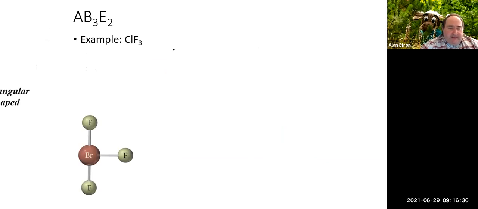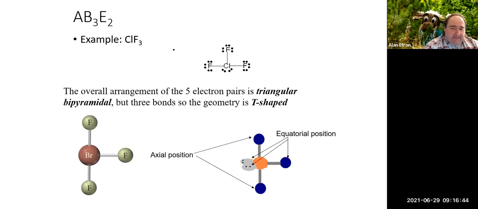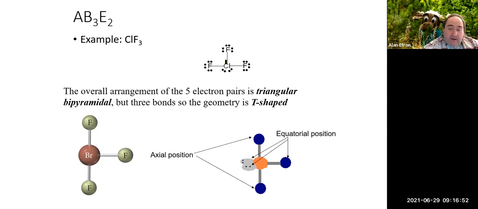Another expanded octet that we will come across in terms of geometry is one where we look at the central atom. If we count up how many electron pairs, we have 1, 2, 3, 4, and 5 electron pairs.